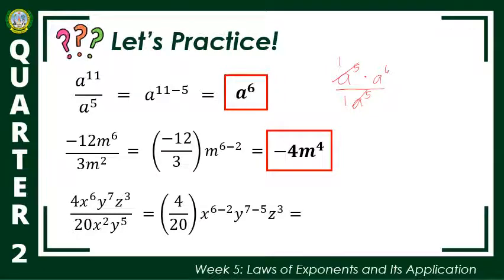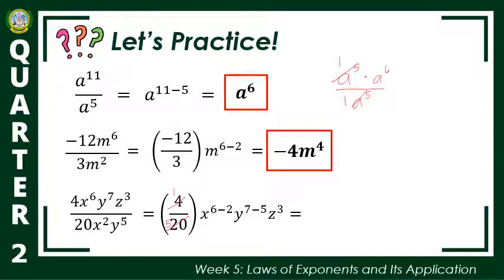So applying the rules, okay? So to simplify 4 and 20 or 4 divided by 20, we have to divide both by the GCF, and the GCF is 4. 4 divided by 4 is 1 and 20 divided by 4 is 5. So that is 1/5 na lang sa lowest term.